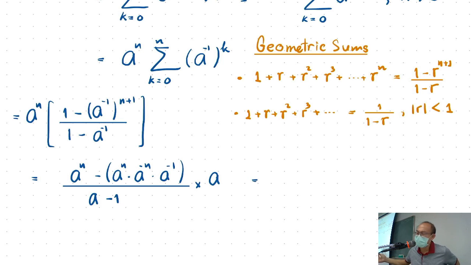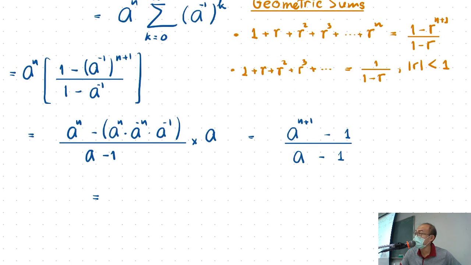So a to the n times a to the minus n will cancel and give you 1. So I have a to the n plus 1 minus 1 over a minus 1.